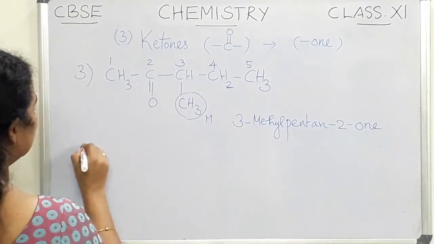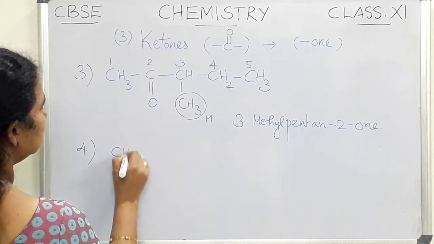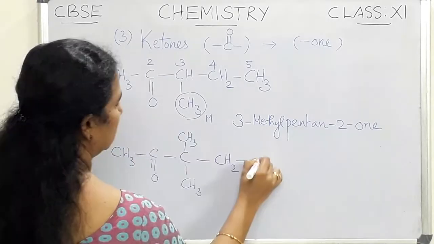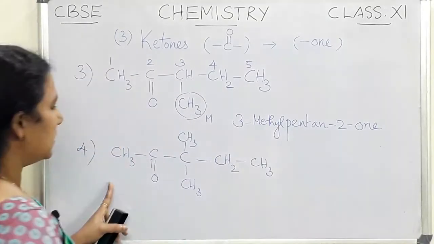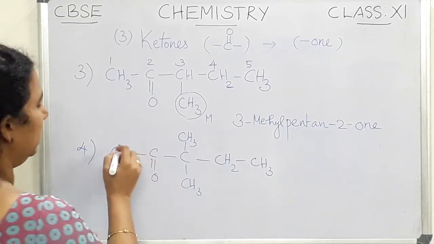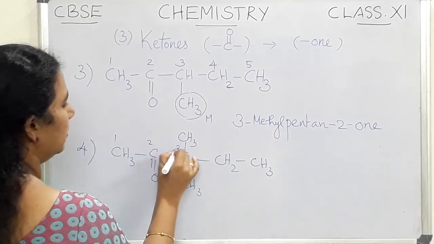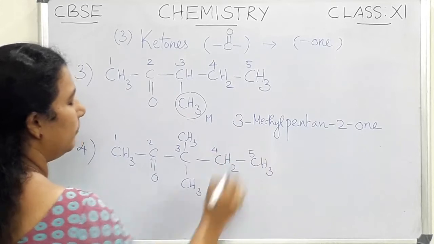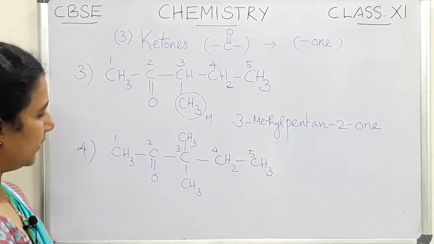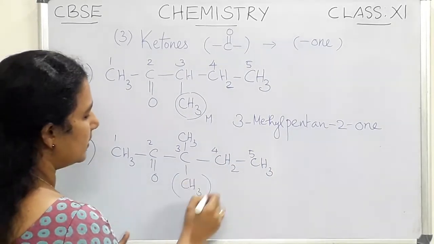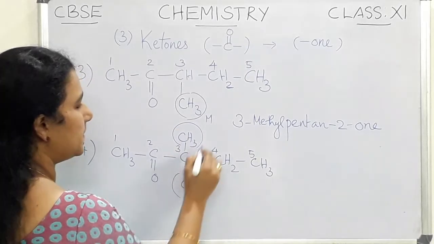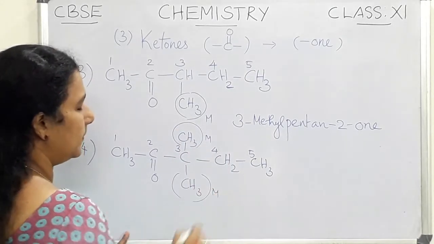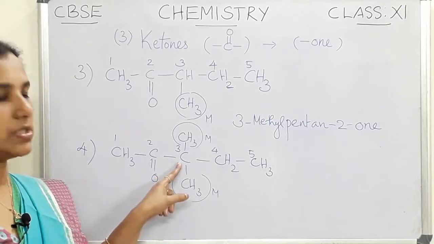So we can write another compound. So this is the fourth compound. We can number this compound. Here also there are 5 carbon atoms in the parent chain, and we can see 2 substituents here, both are methyl groups, in the third position.